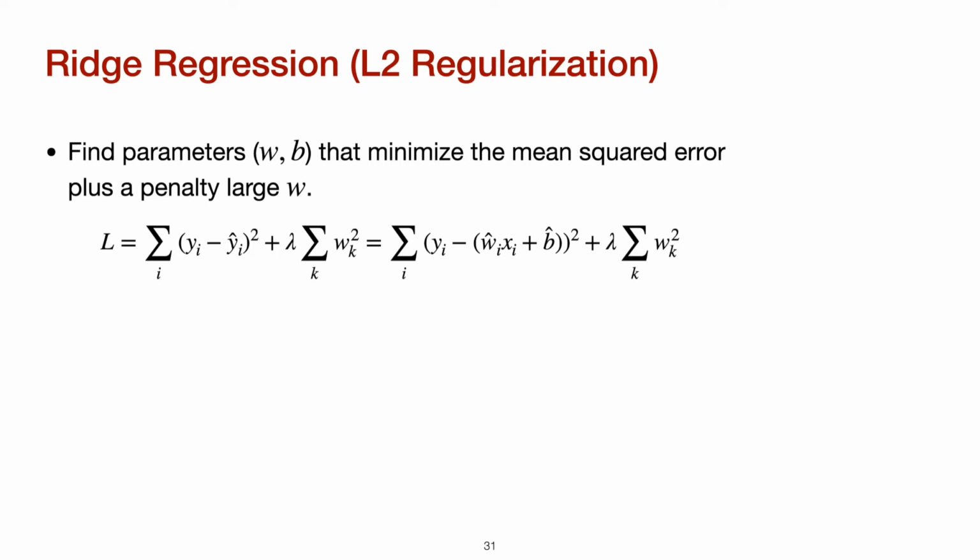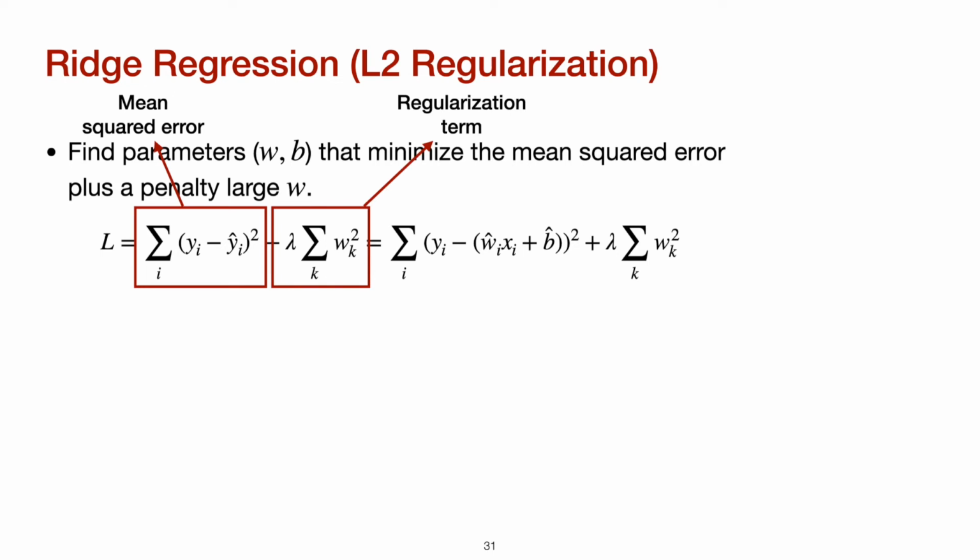For regularization, we can add what's called L2 regularization, where we add on, as a penalty term to our loss function, the sum of the squares of these weights. So we have our squared error here, and then we add on this regularization term, the sum of the squares of our weights, times this lambda value, which lets us tune how strong this regularization is. The larger the lambda value, the more we regularize our model, which means the more we force these W values to be small.